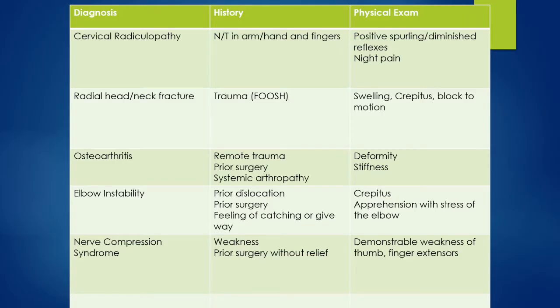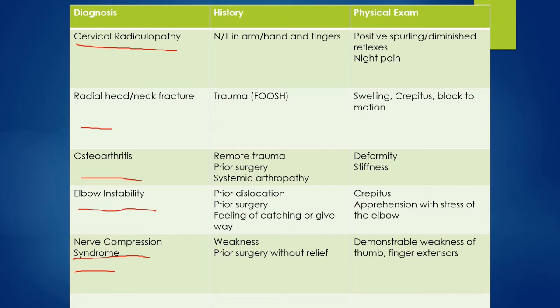Now, in an examinee who presents with lateral elbow pain, you're going to have several differential diagnoses. Those include cervical radiculopathy, fracture of the radial head or the radial neck, osteoarthritis, lateral elbow instability, and then compression of the posterior interosseous nerve can also cause lateral elbow pain.